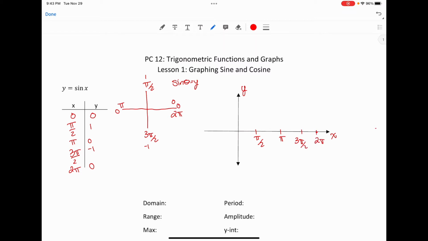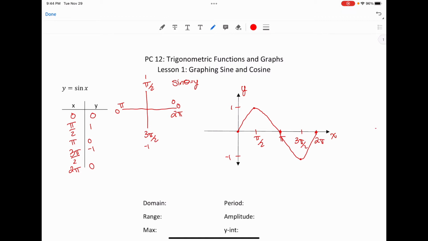And our values there, we've got 0, 0. Pi over 2 is at +1. And then we've got pi. And then 3 pi over 2 is down at -1. And then back up at 0. And we're going to connect these with a nice smooth curve or a wave. So it goes up like that and then down. And there we go. So this is our sine wave.